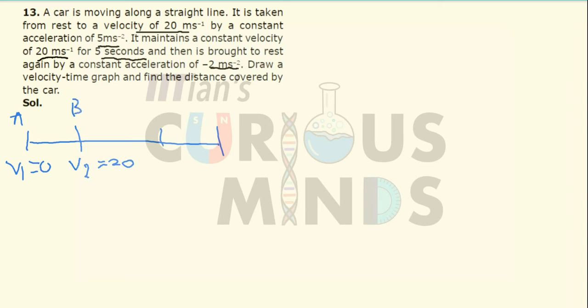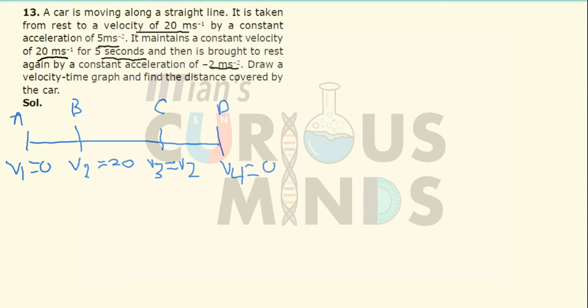From point B to point C, the velocity remains v3, or I can say v3 is equal to v2. The velocity remains the same for 5 seconds, and then it is brought to rest at point D. The velocity v4 will be equal to 0.